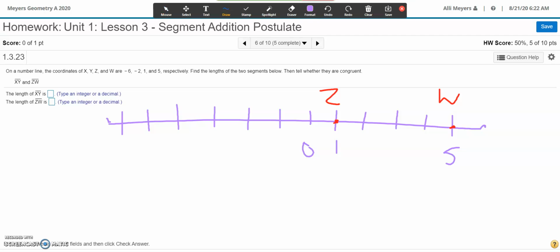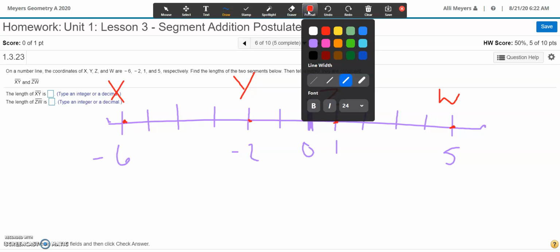The struggle can be real sometimes. There we go, so -6. And then my other one, here's my 0, was at -2. Okay, so draw a picture.